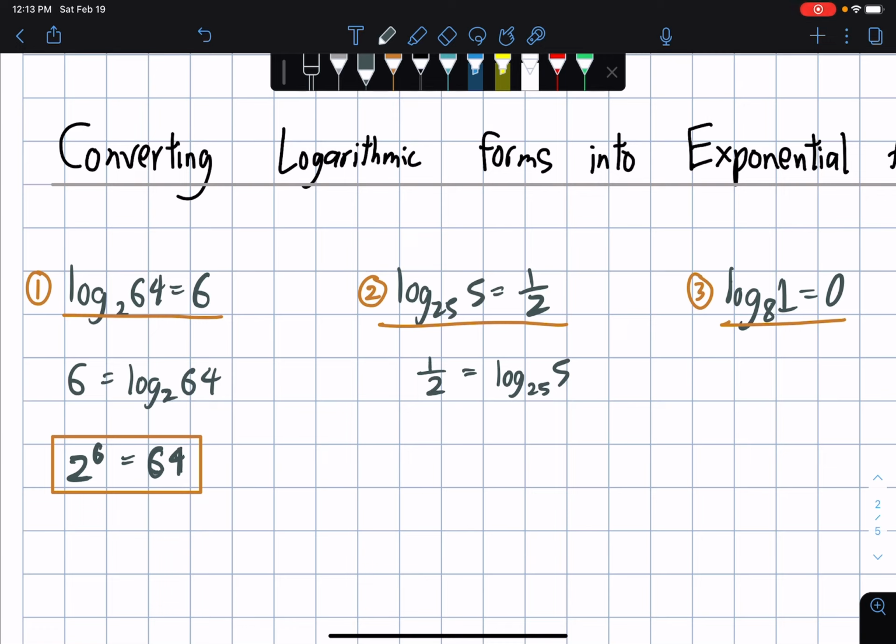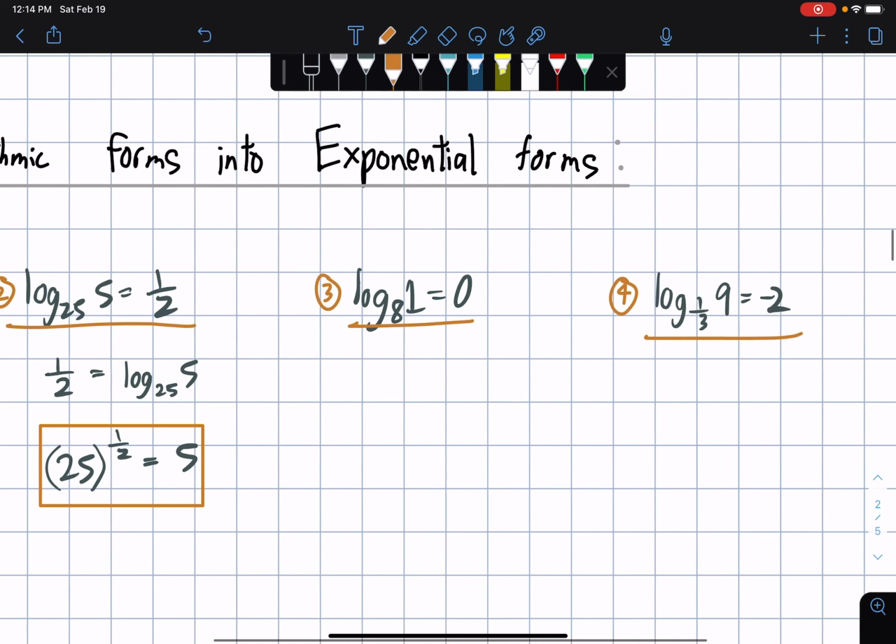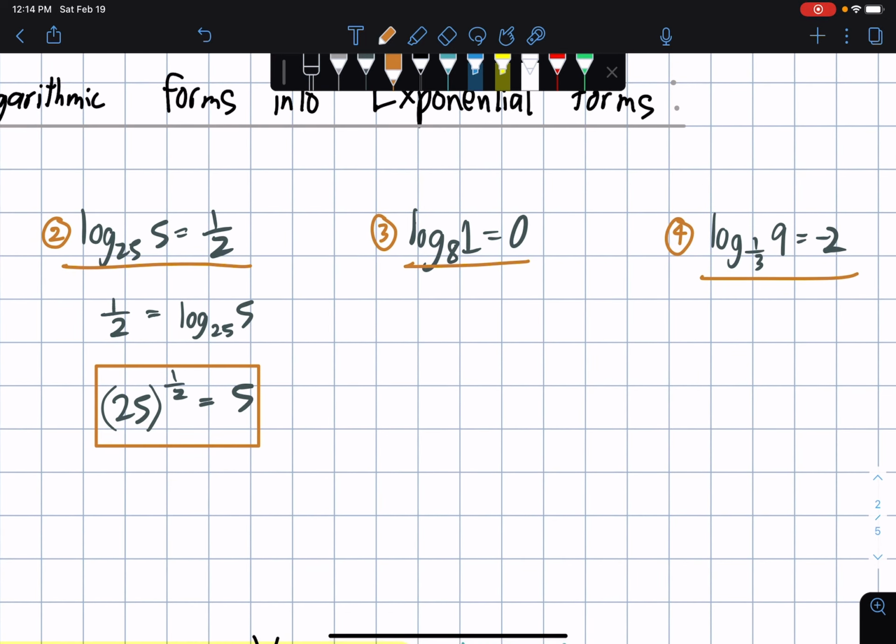Now, what we have to do is place the sub-value here at the right. 1 over 2 will become an exponent, and place 5 at the right side as is. Now, 125 raised to 1 over 2 or 0.5 is equivalent to 5. I'm really sure of that. It's proven in the calculator.